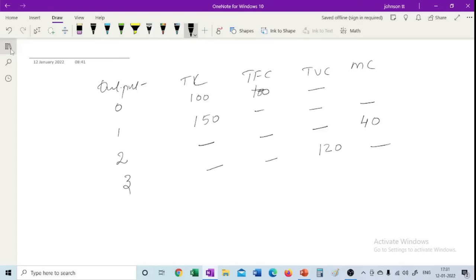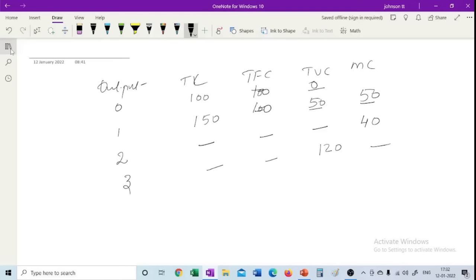Variable cost is 0 when output is 0. No need to write marginal cost since output is 0. When total cost is 150 for the first unit, the total fixed cost again will be 100, total variable cost will be 50 and marginal cost is also 50.